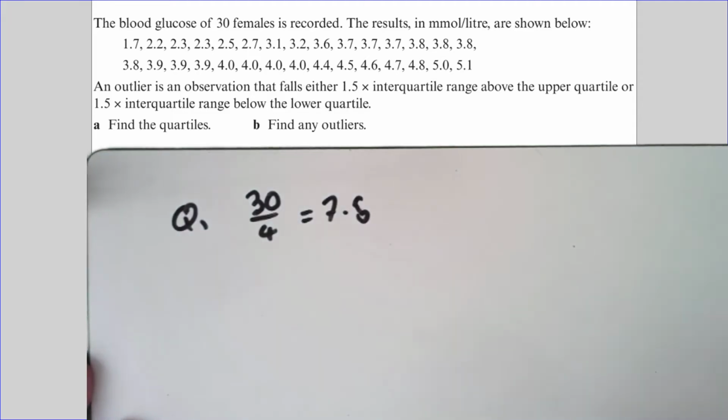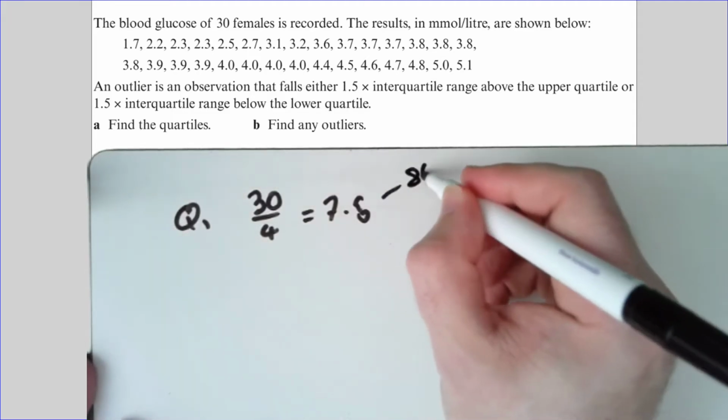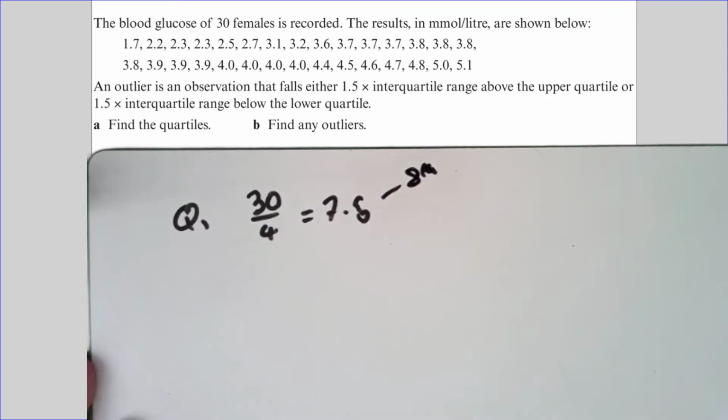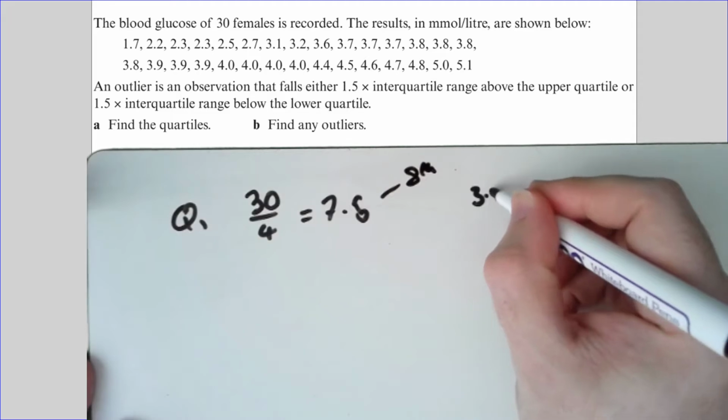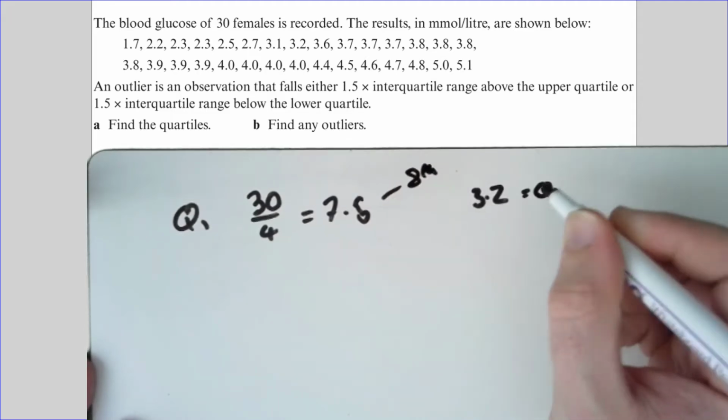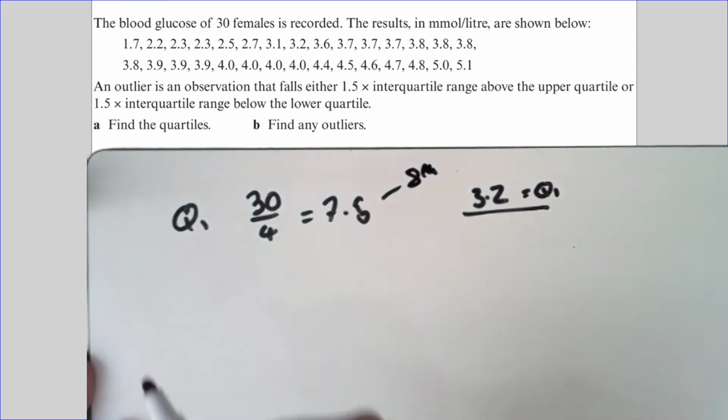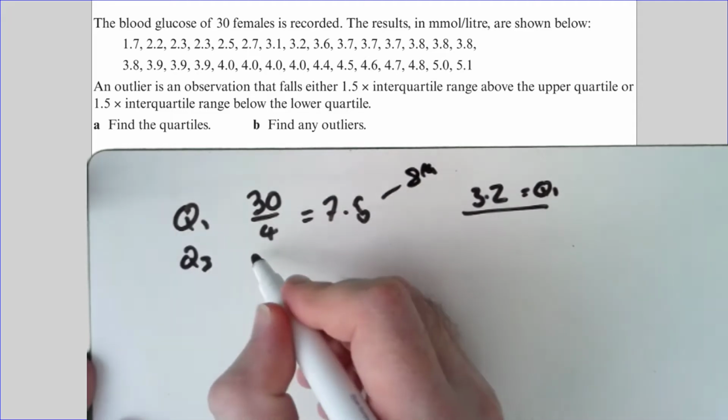Because this is a fraction, we're going to round up and we're going to do the 8th thing. So we're going to flick through this data set and find our 8th thing. So we've got 1, 2, 3, 4, 5, 6, 7, 8 is 3.2. And this is Q1.